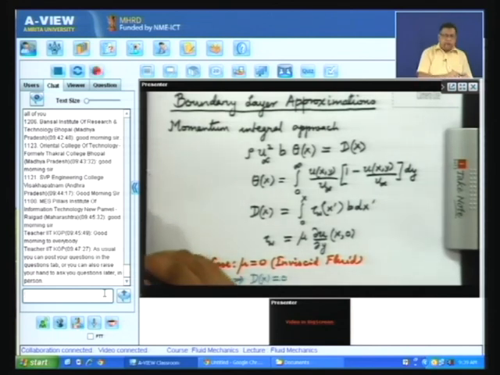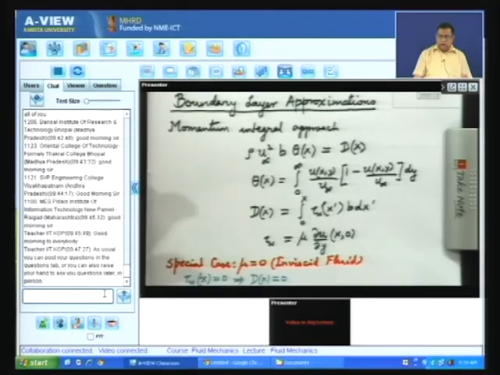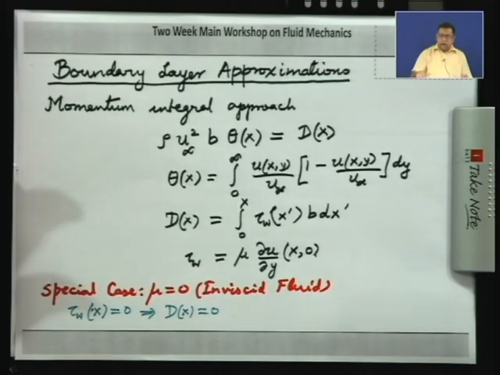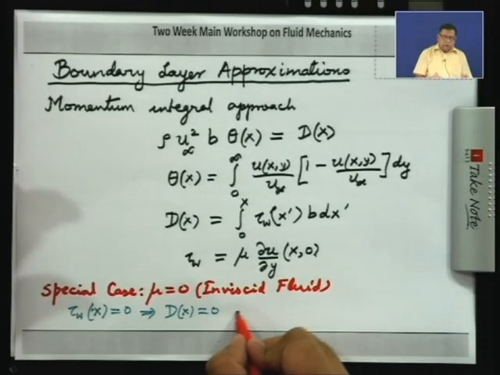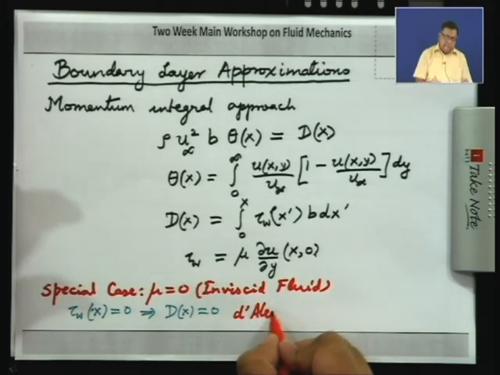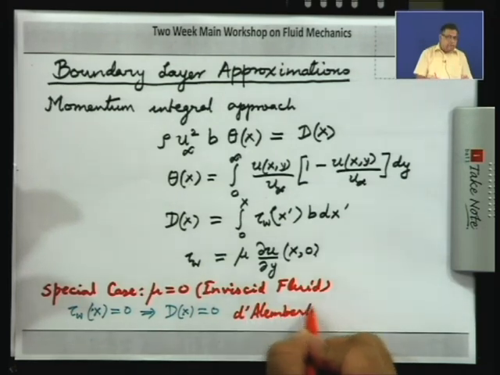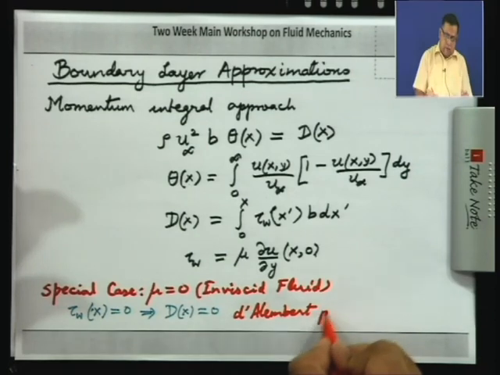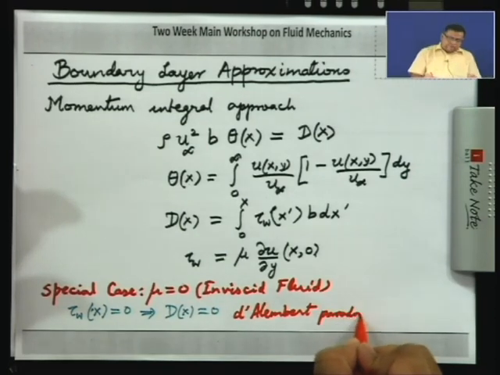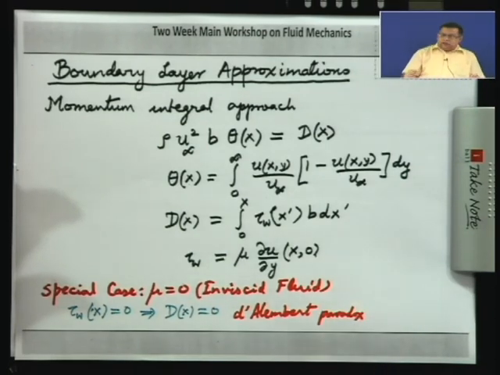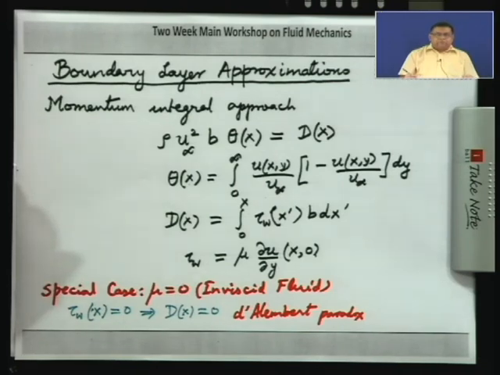Now, we know from experimental observations that you do have a drag. So, this is referred to as the D'Alembert paradox. So, the conclusion is that we do not have any fluid with a viscosity which is exactly 0.